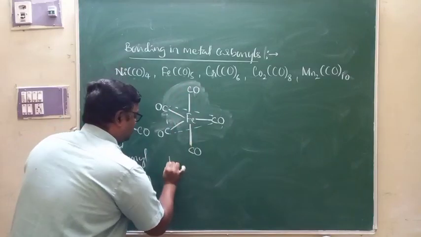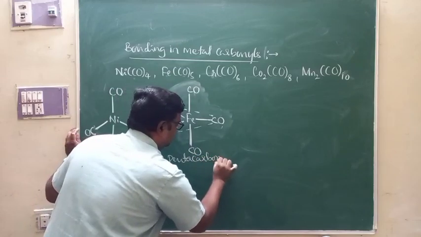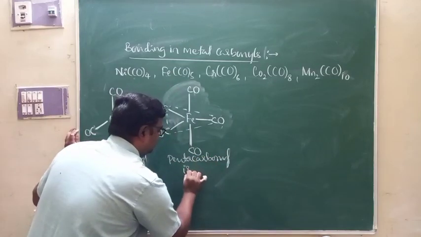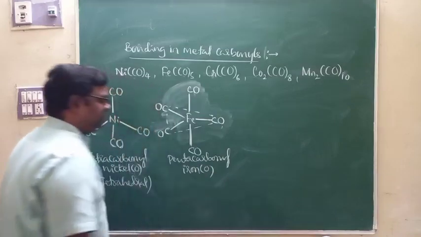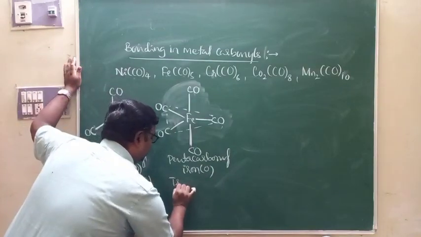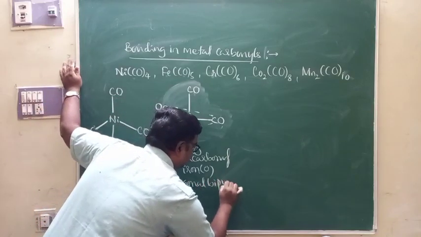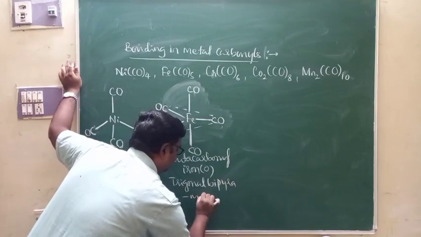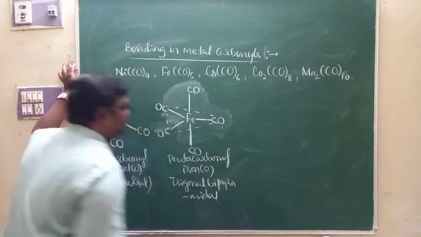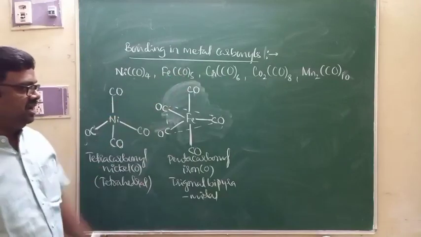The IUPAC name of this complex is pentacarbonyl iron(0). This trigonal bipyramidal geometry is the geometry of Fe(CO)5.